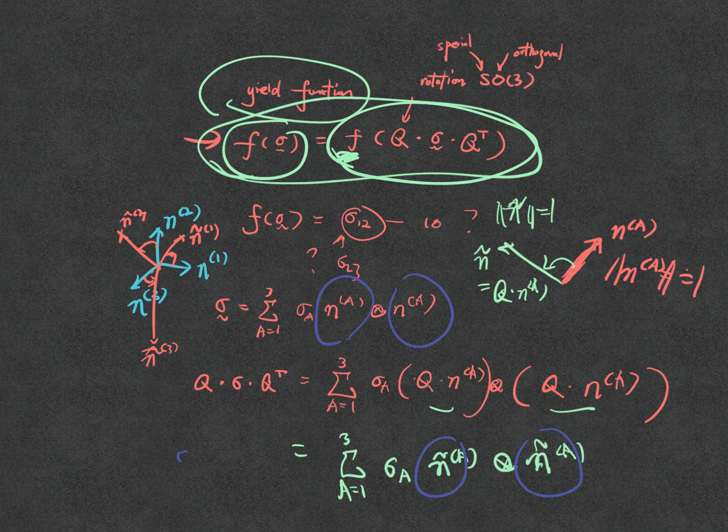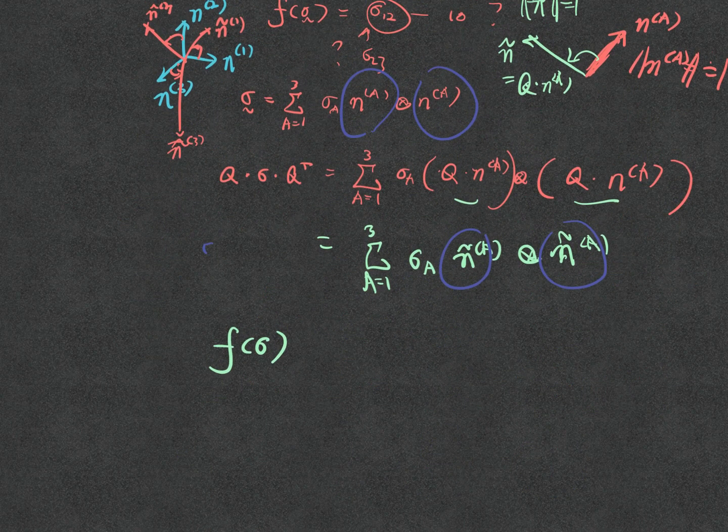If I can make the U functions such that, if I apply the rotations of the stress component on the left and right hand side, I get back the original U function values, then what it actually means is that the stress is isotropic, in the sense that it's not sensitive to rotations, okay?